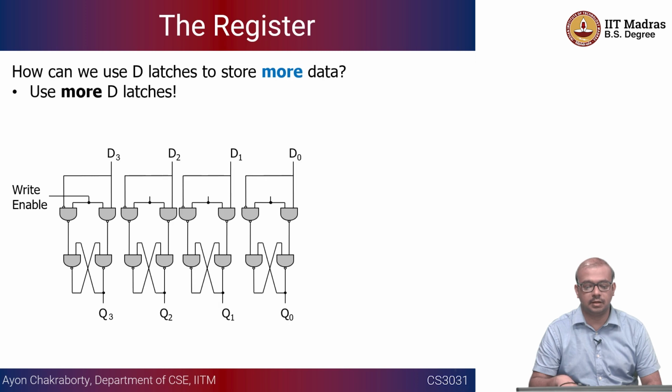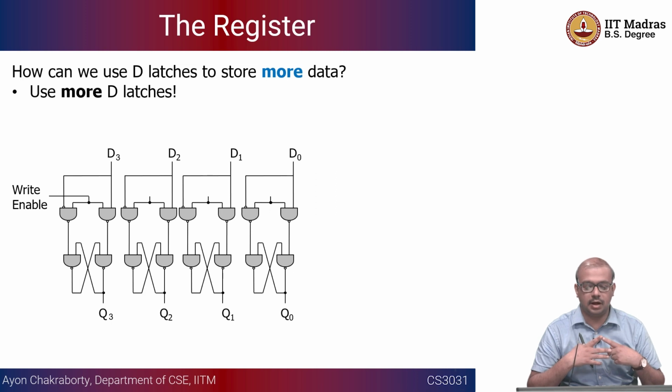Okay, so every such unit is going to save 1 bit. If we use more D latches, like the way I have shown in the figure, it is going to hold more number of bits, right? So instead of storing a single bit, you can start storing a binary number, right? Suppose it's a 4-bit binary number, Q0, Q1, Q2, Q3, whichever is the most significant or least significant is up to you, how you define it.